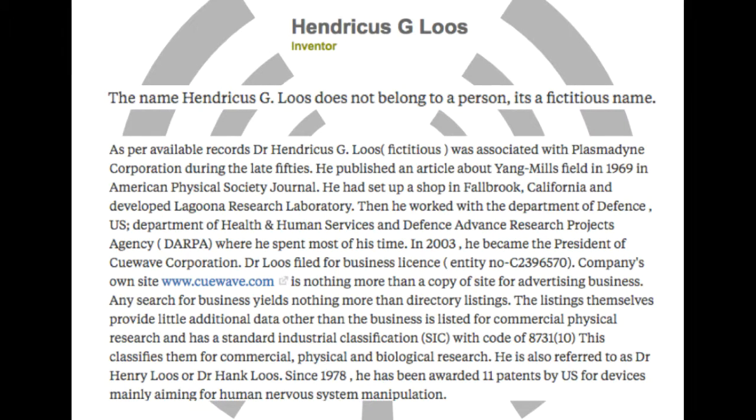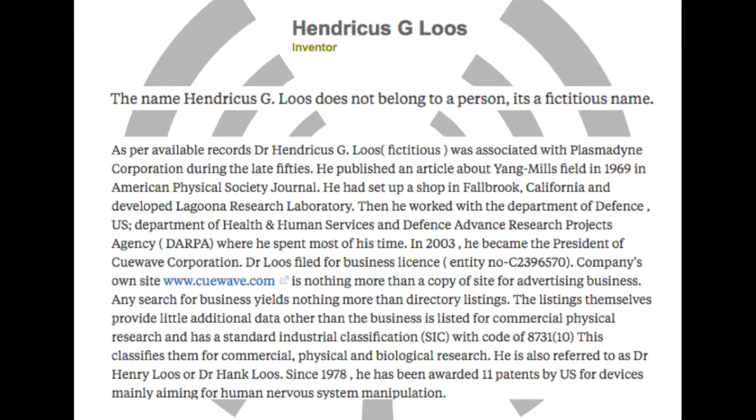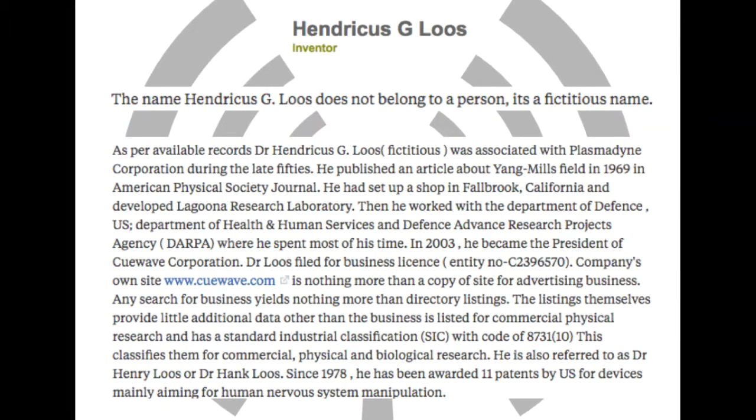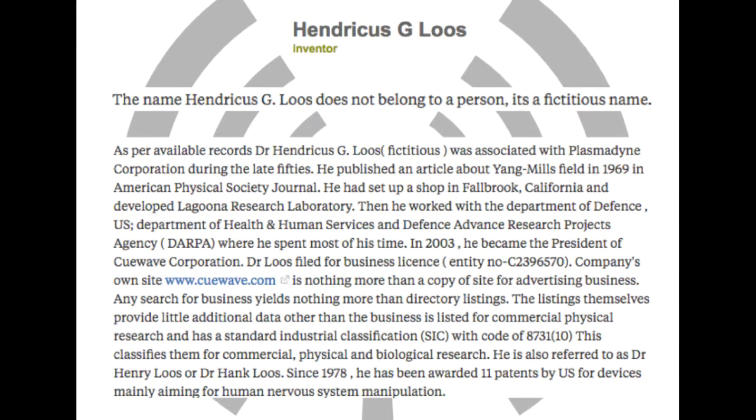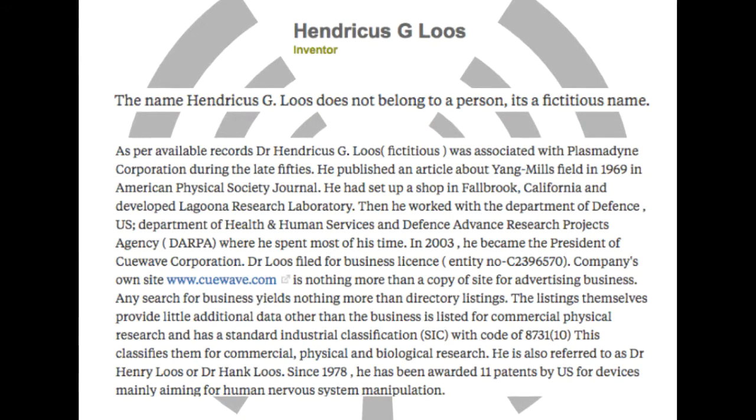He published an article about Yang Mills Field in 1969 in American Physical Society Journal. He had set up a shop in Fallbrook, California, and developed Laguna Research Laboratory. Then he worked with the Department of Defense, U.S. Department of Health and Human Services, and Defense Advanced Research Projects Agency, or DARPA, where he spent most of his time.